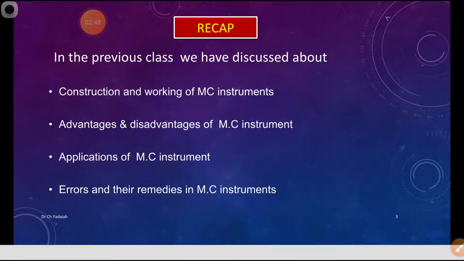As we know, this moving coil instrument consumes, while taking the reading, less than 200 microwatts.